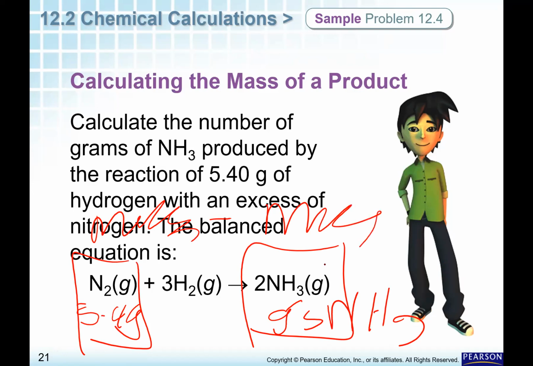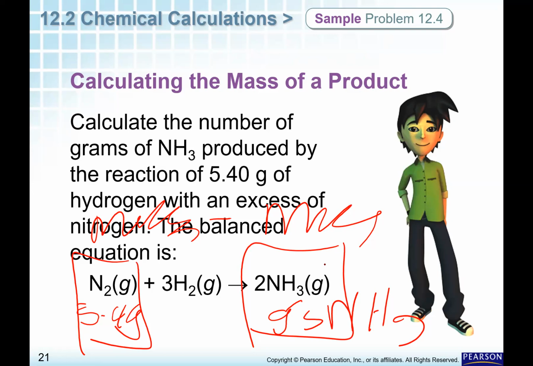So can anybody tell me how to do that? What are the steps that we need to do? Just tell me grams to moles and stuff like that. So the first step will be, what is the first step? We need to convert the grams to moles. Which grams? Grams of nitrogen into moles of nitrogen, is that what you mean?